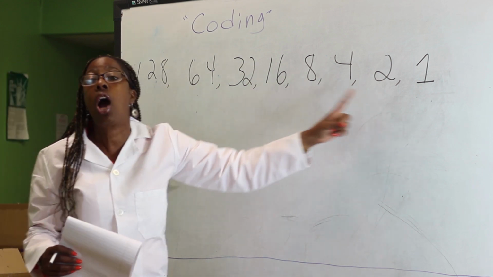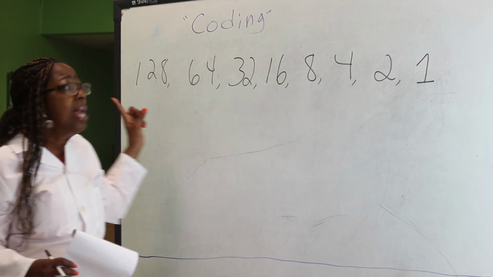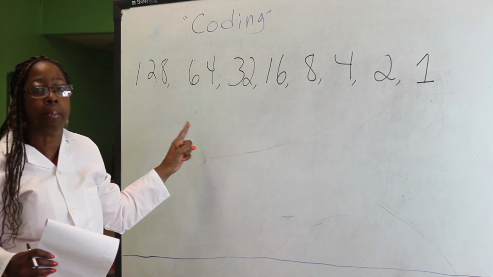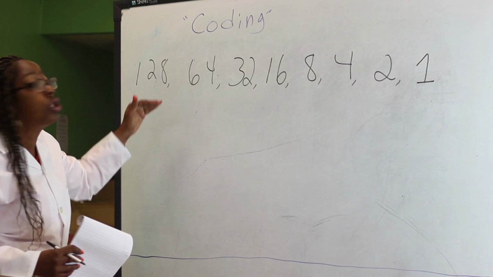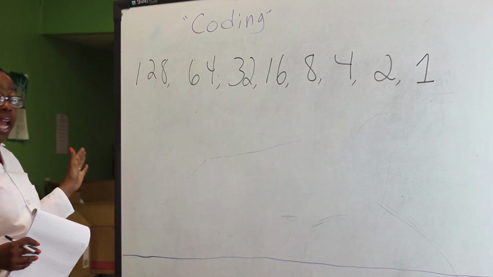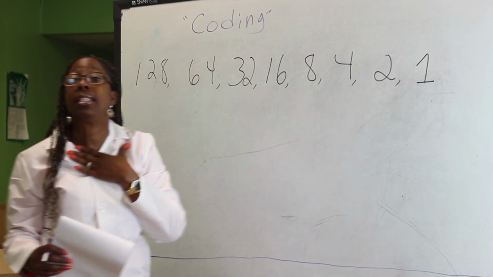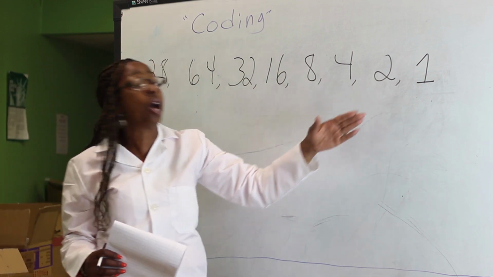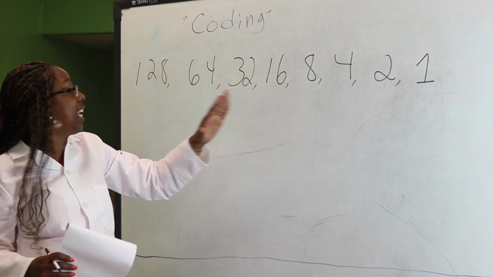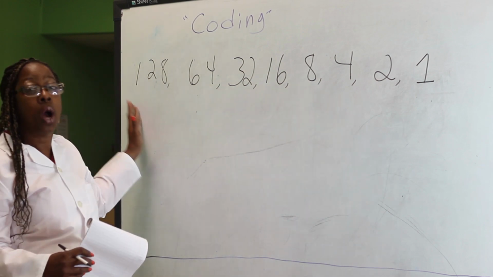Now, this is what I call my coding scale. This scale will always be these particular numbers unless you take that number pattern you're thinking of and go above the 128. That means by the time you get to be my age, this scale will always be 1, 2, 4, 8, 16, 32, 64, 128.